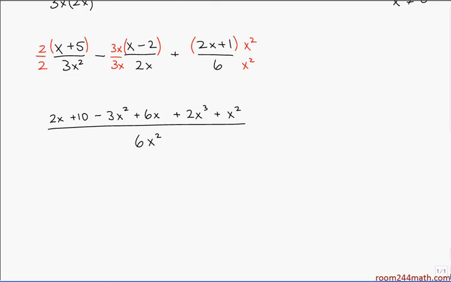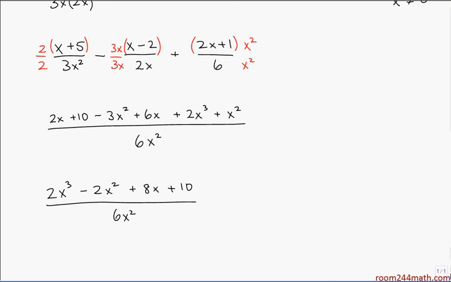So we need to collect everything here and simplify. We'll start with the highest order term here, which is the 2x cubed. Then how many x squared terms do we have? We have minus 3x squared plus x squared, so that's minus 2x squared. Then we have a 2x and a 6x, so that's plus 8x. And then finally a plus 10.